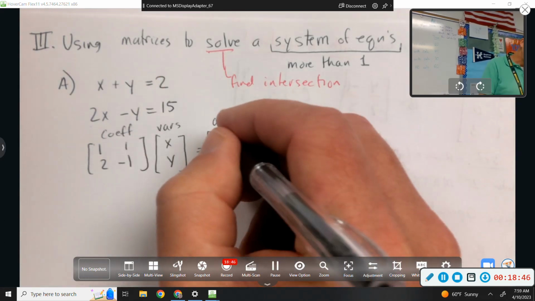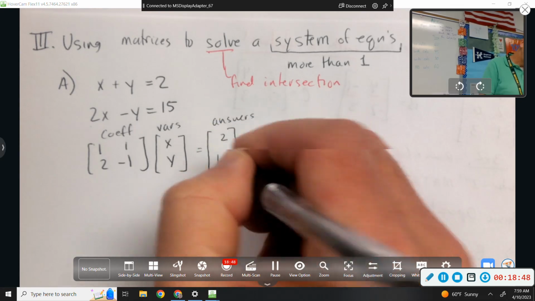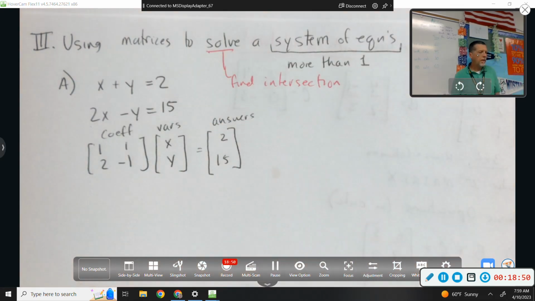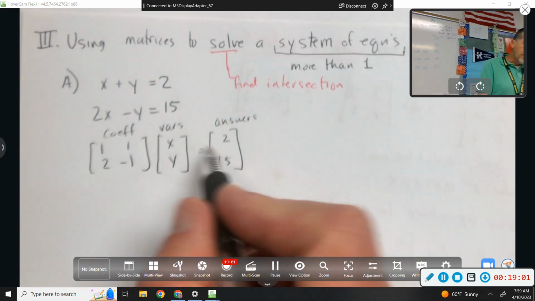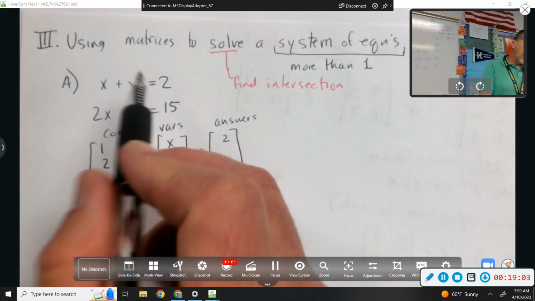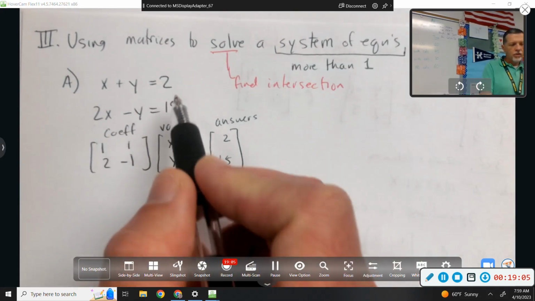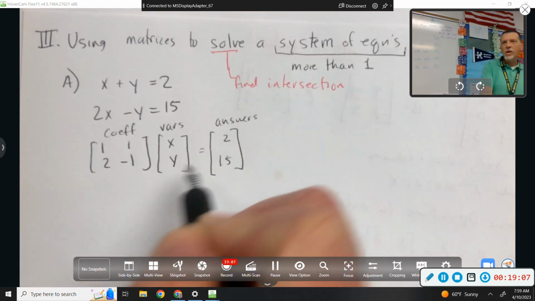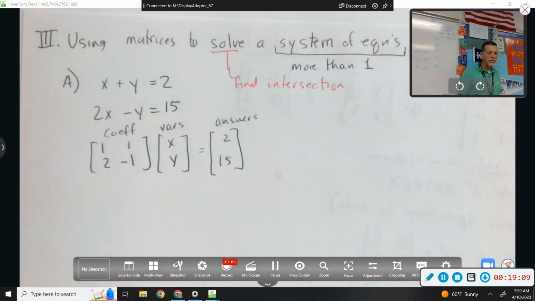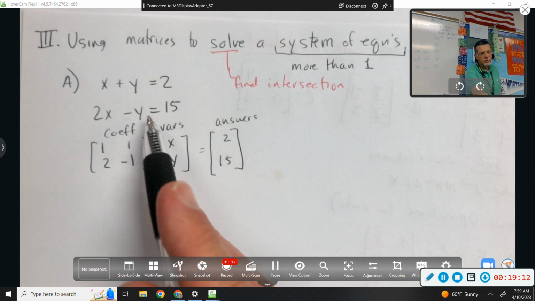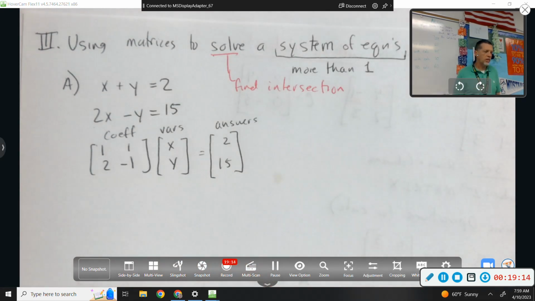And then we'll put our answers, 2 and 15. Now, because of how matrix multiplication works, which we don't really know yet, this is the same thing as these two equations. So I took two equations and turned them into one matrix equation. Obviously more complicated, but it went from two equations to one equation.